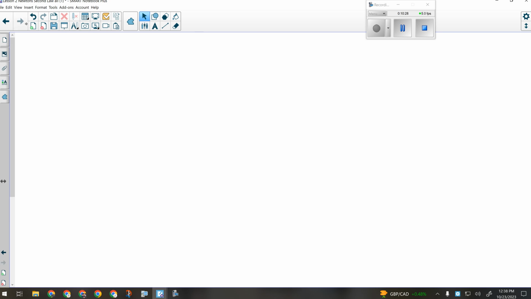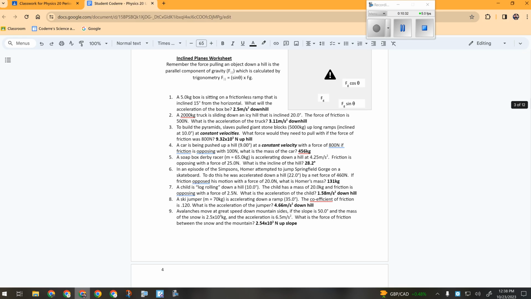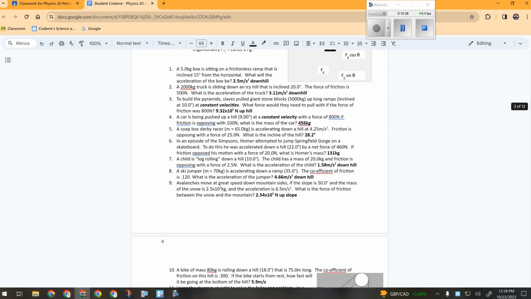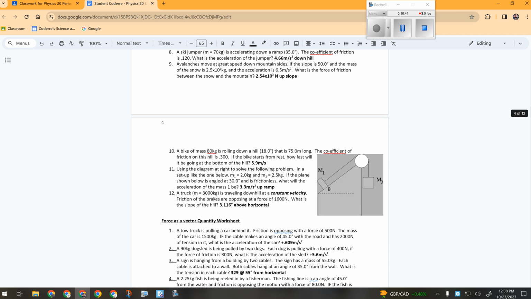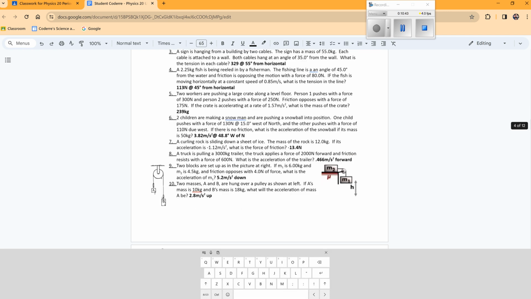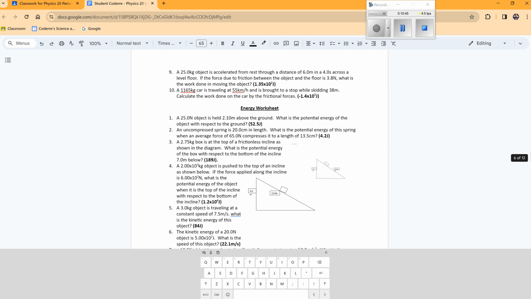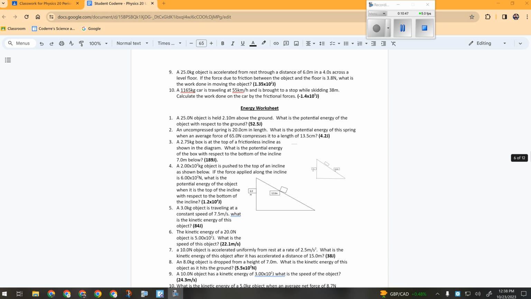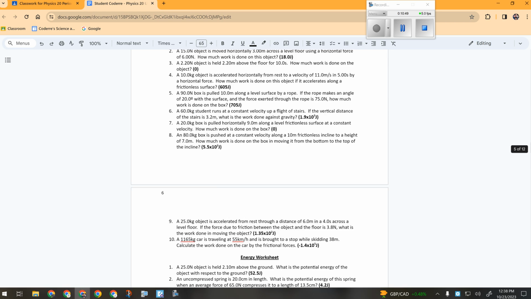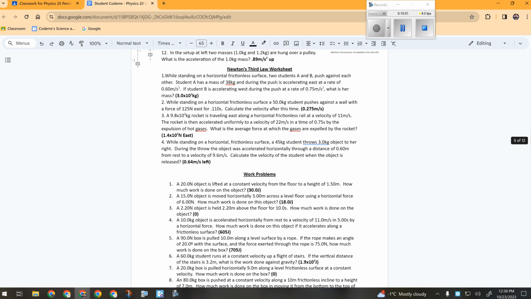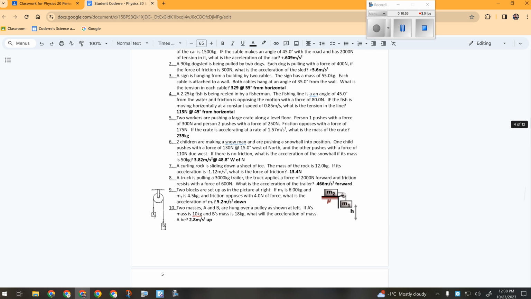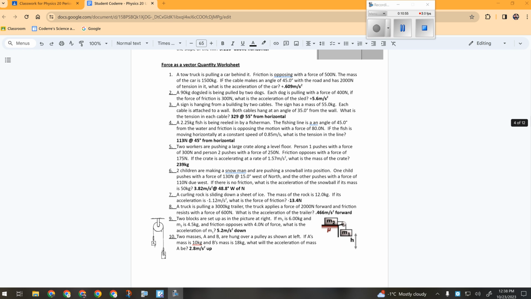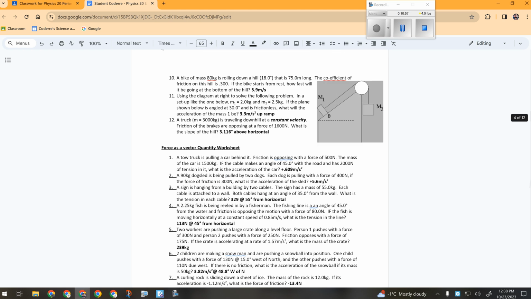I would like you guys to do the following. In your digital workbook, on page 3 and page 4, you've got some vector problems, and you've got some Newton's second law with an inclined plane problems.